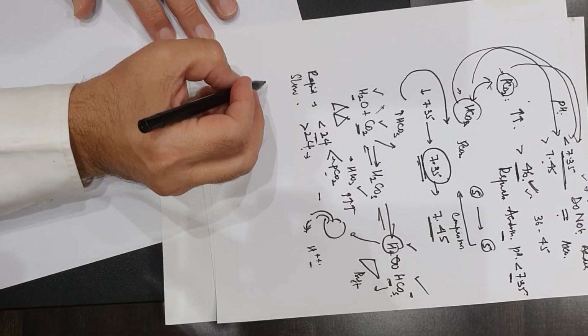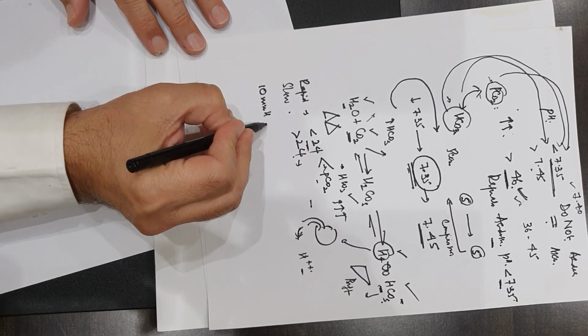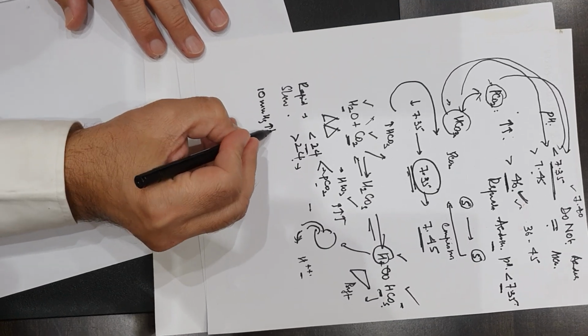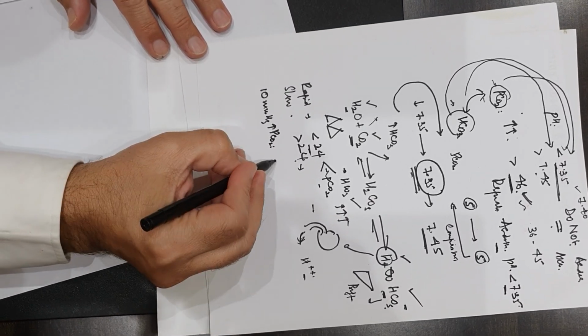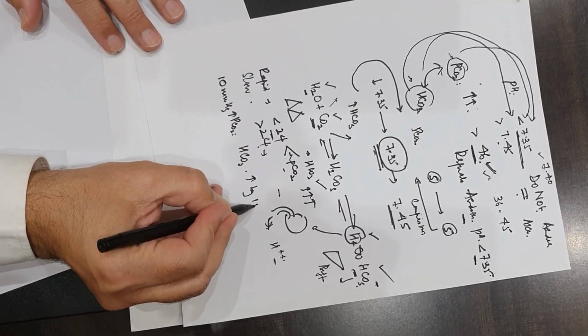As a rule, for every 10 millimeters of mercury increase in PCO2, the bicarb increases by 1 millimole.